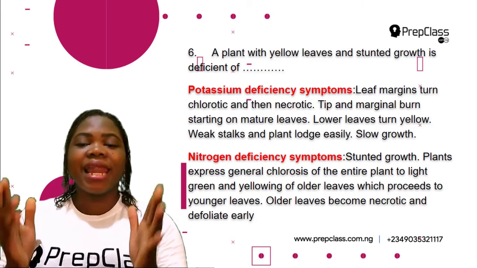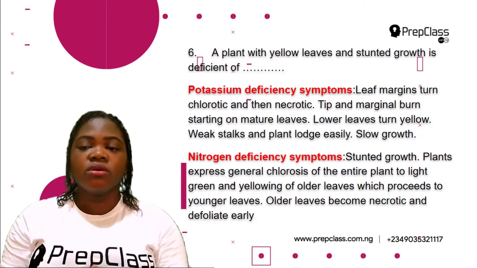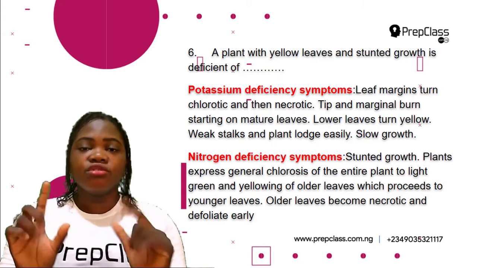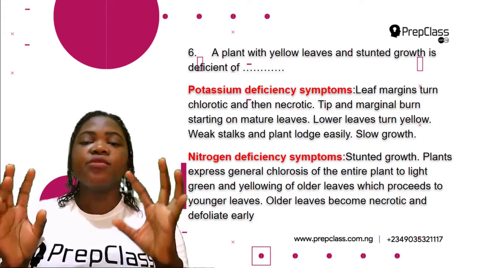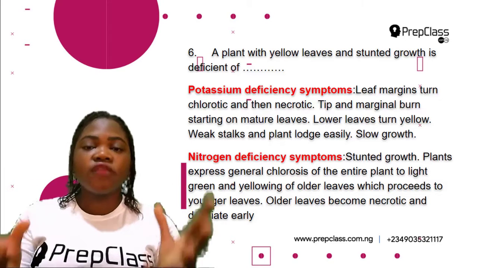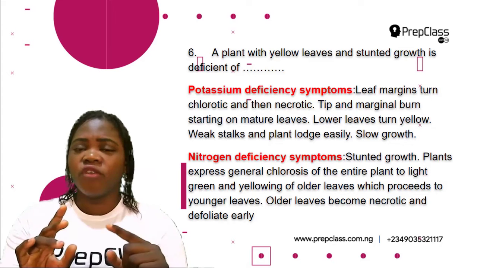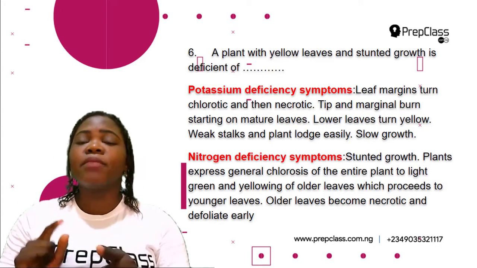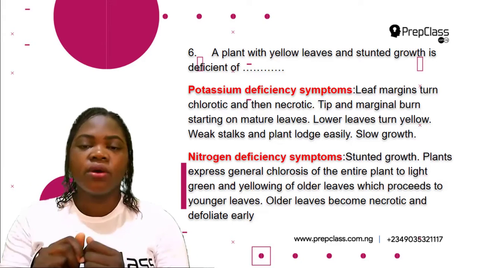Okay, so the next one is potassium deficiency symptoms. A plant that is deficient of potassium would have the leaf margins turn chlorotic. Do you know what chlorotic means? Chlorotic is a condition in which leaves cannot produce enough chlorophyll. You know that chlorophyll is responsible for the green coloration of plants. When there is no sufficient chlorophyll, the plant will not be green anymore, so they will turn pale or yellow in color.